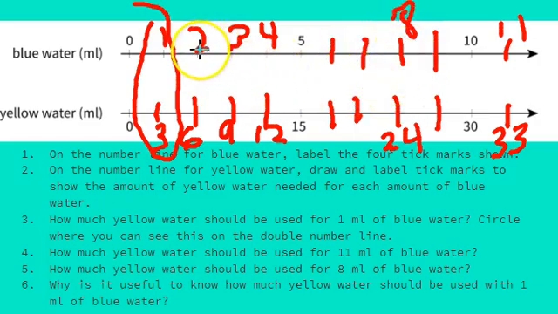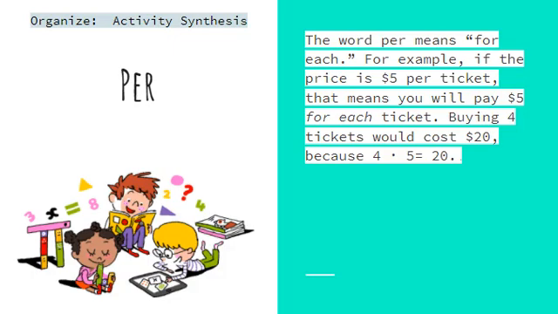So, back here with our original, we had 15 milliliters of yellow water per 5 milliliters of blue water, or vice versa. And basically, the word per is just another way of saying for each.